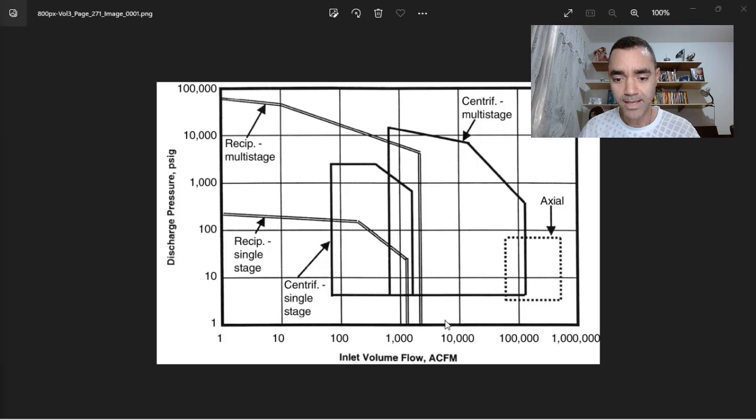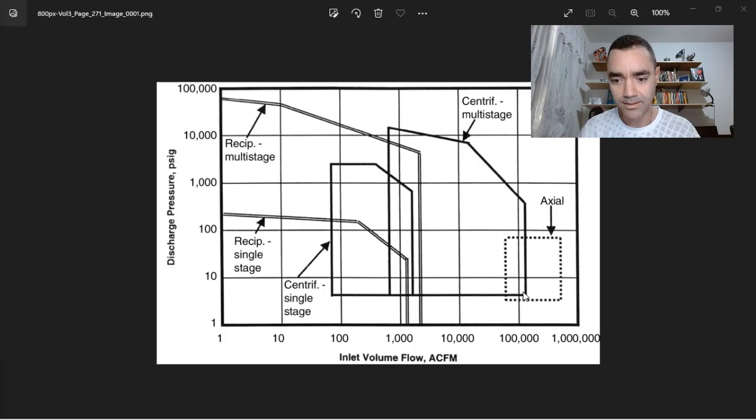As we increase the flow, you can see that the chart indicates the use of the reciprocating compressor, for instance, and based on this delimitation placed here in the chart, we can have an indication of the best flow and the usual discharge pressure also.